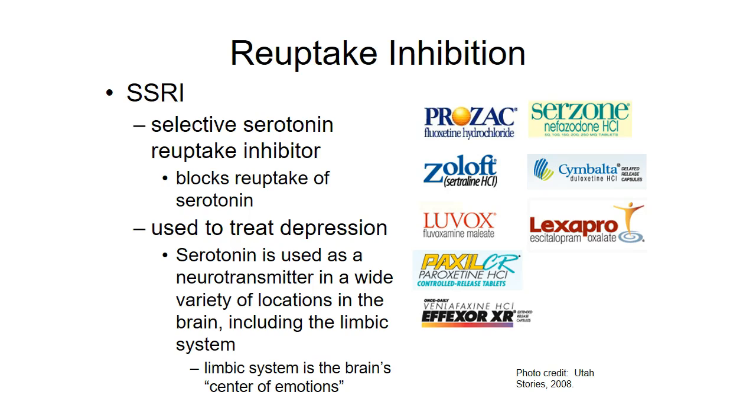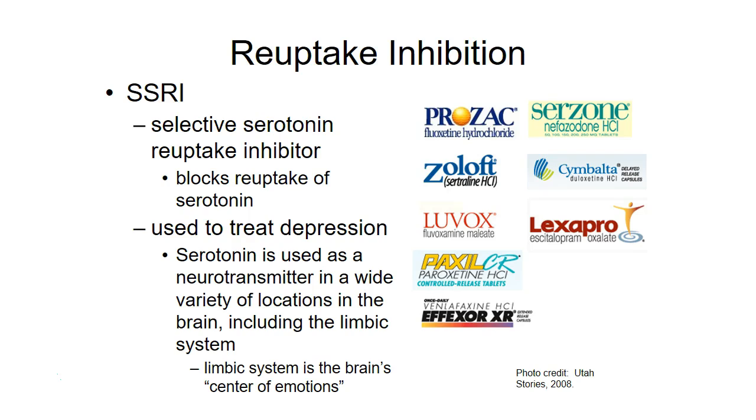All right, so another way to modify synaptic transmission is to block the reuptake. Maybe you've heard of reuptake inhibitors. One type is called selective serotonin reuptake inhibitors, or SSRIs. What is that going to do to the amount of serotonin in the synapse?